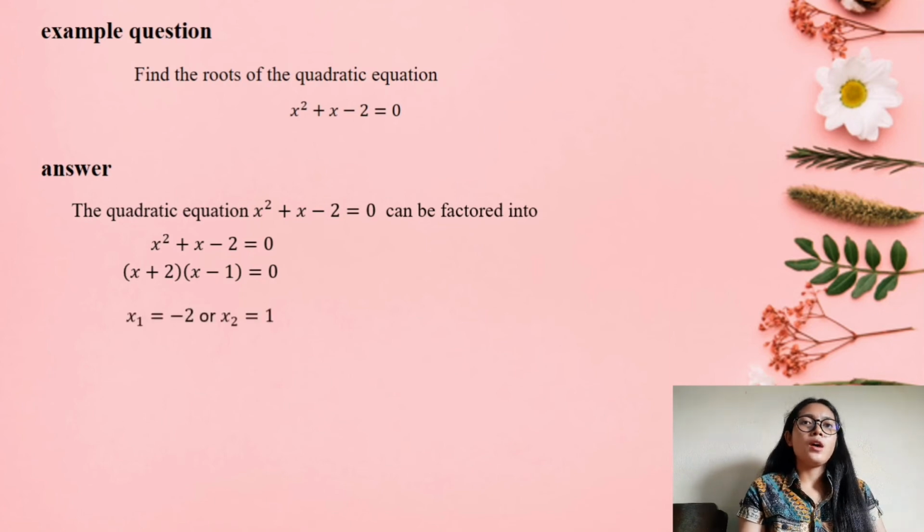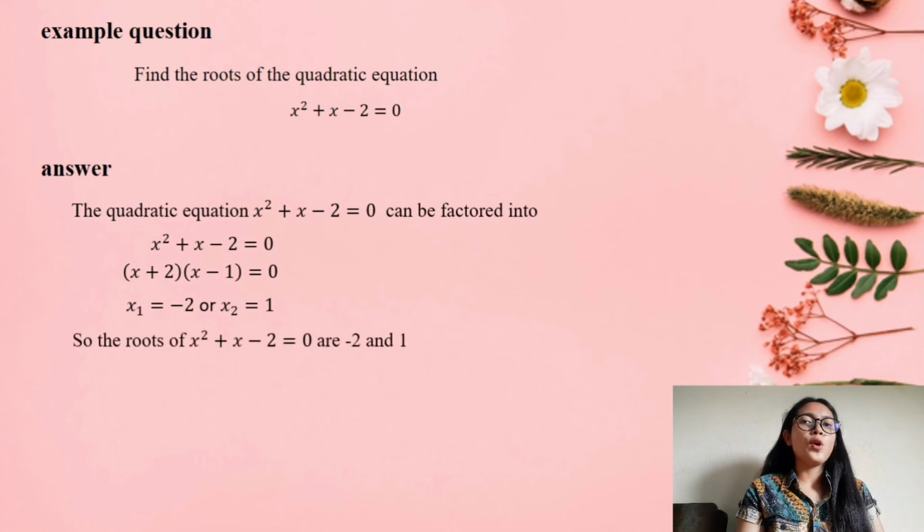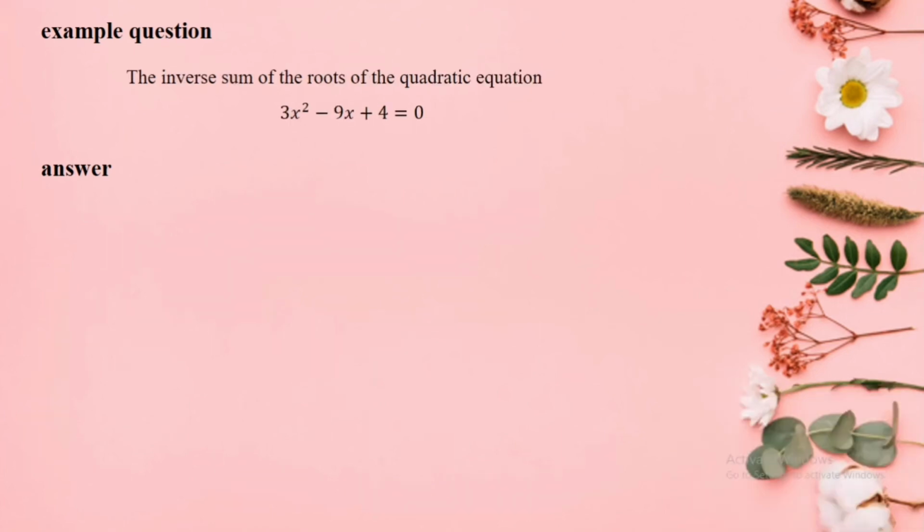Next, x1 equals minus 2 or x2 equals 1. So, the roots of x squared plus x minus 2 equals 0 are minus 2 and 1.